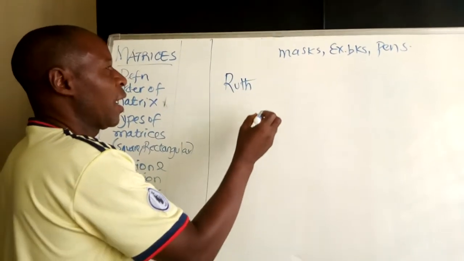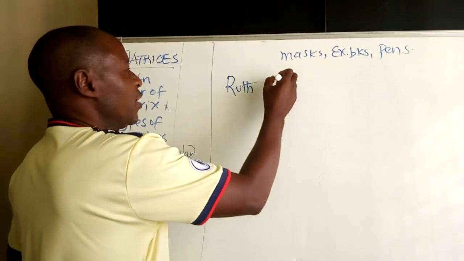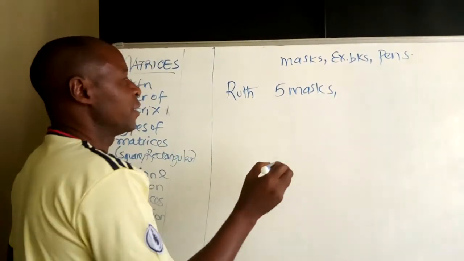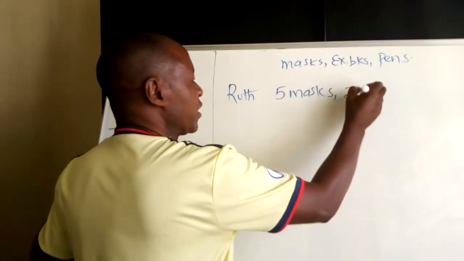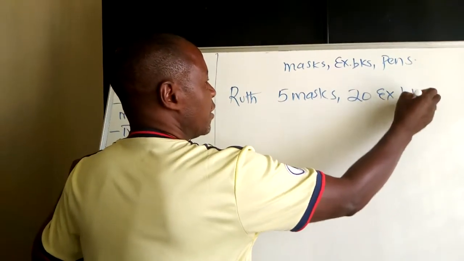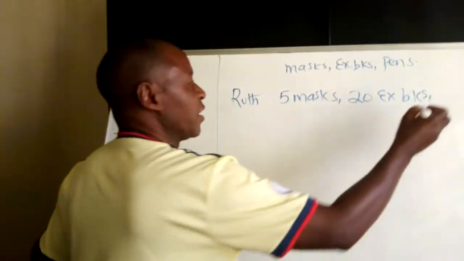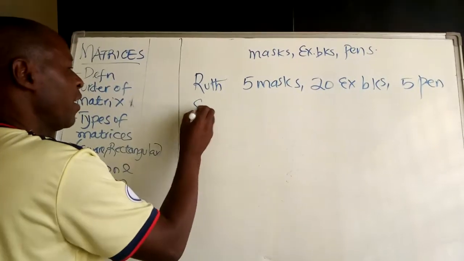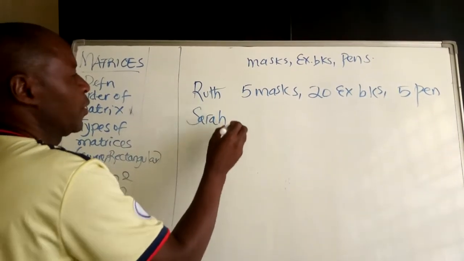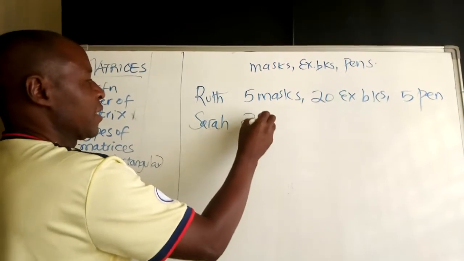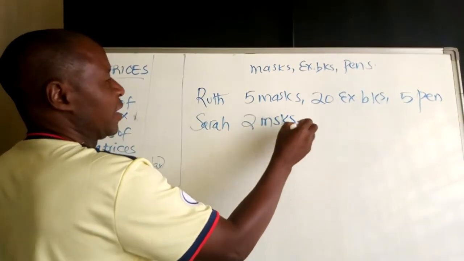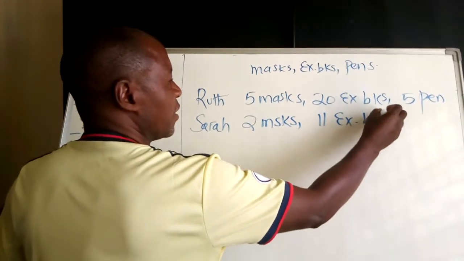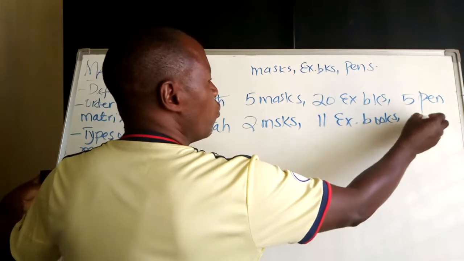who has brought 5 masks, 20 exercise books, and 5 pens. Then Sarah brings 2 masks, 11 exercise books, and 2 pens.